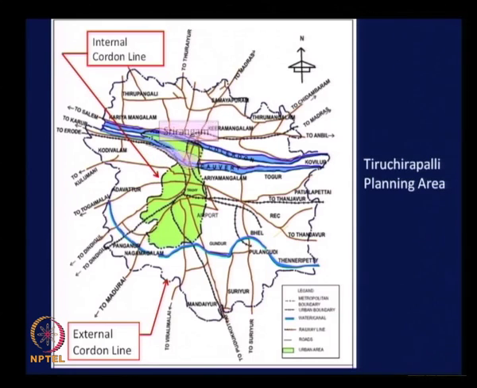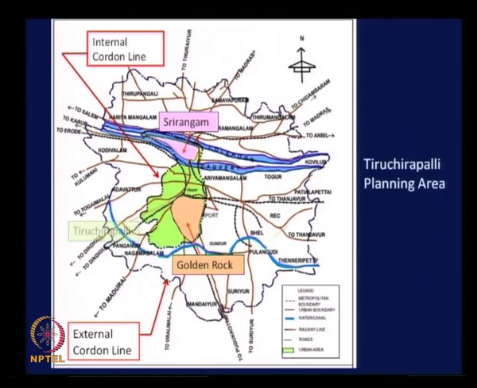and as you may recall, this urban area has 3 municipal towns, one Srirangam, other one Golden Rock, and the rest of the area is Tiruchirappalli municipality. Clear? So this is how you need to understand fixing of external and internal cordon lines.